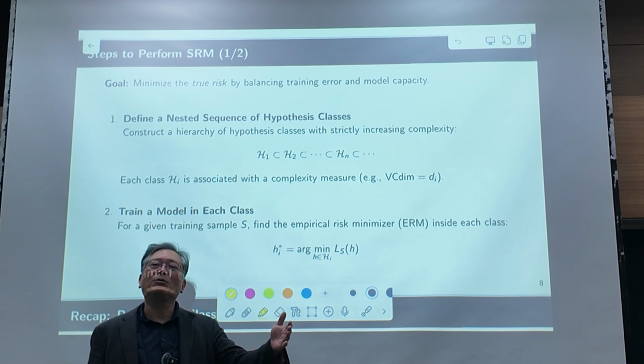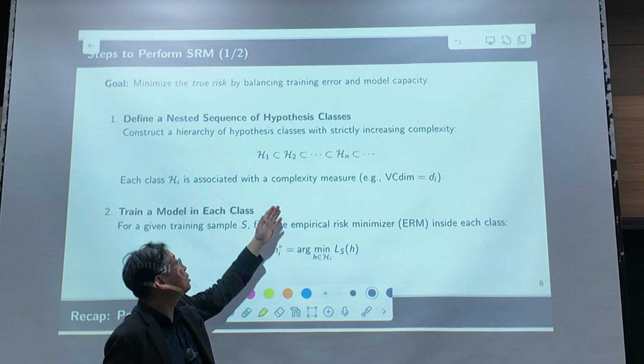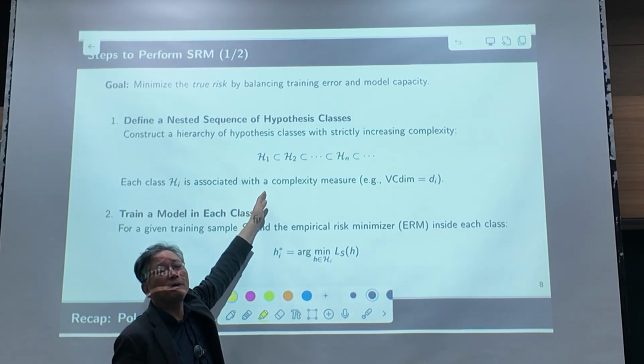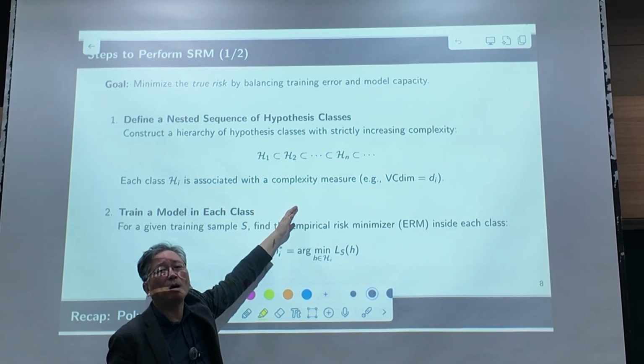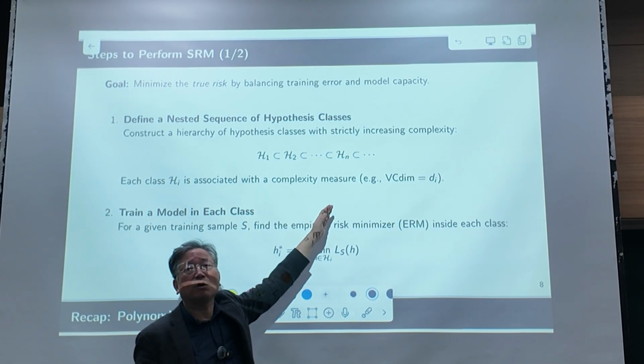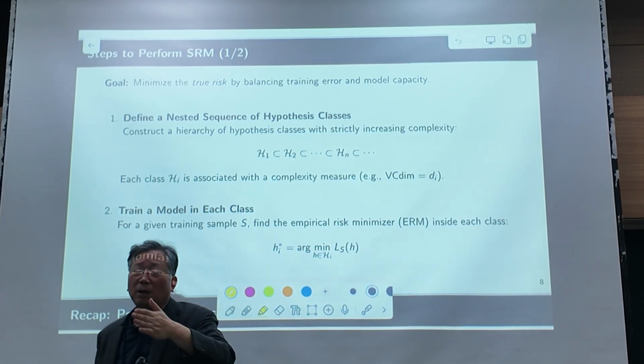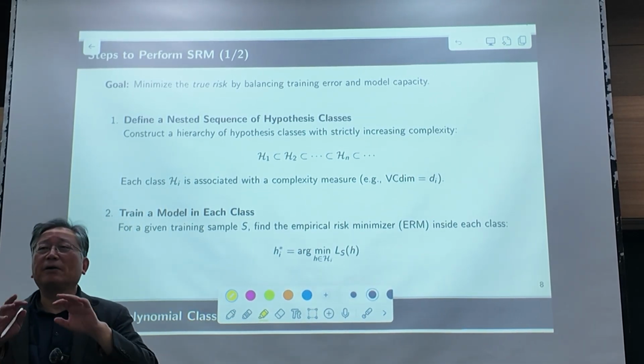It's the nth order polynomial. So H1 will be first order polynomial, H2 will be second order polynomial, and so forth. Okay? So they are nested.